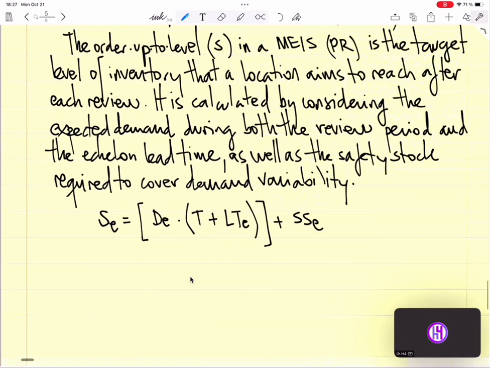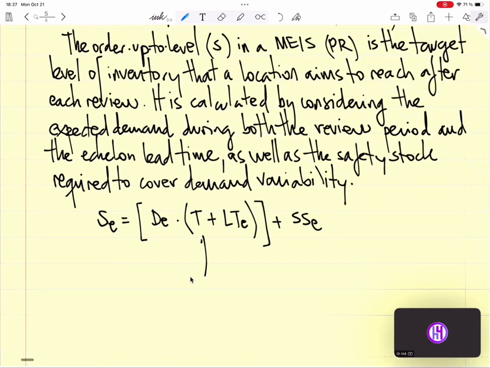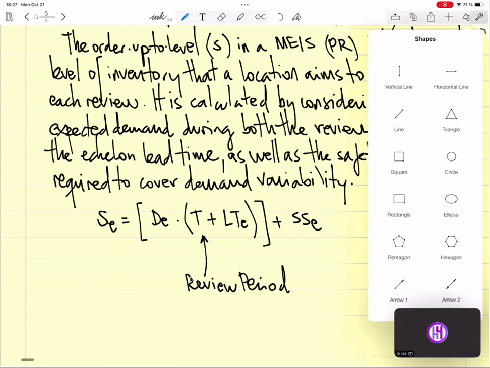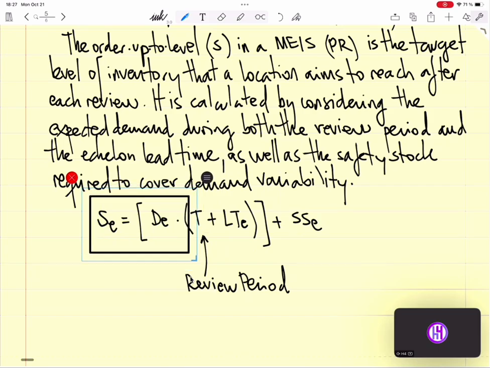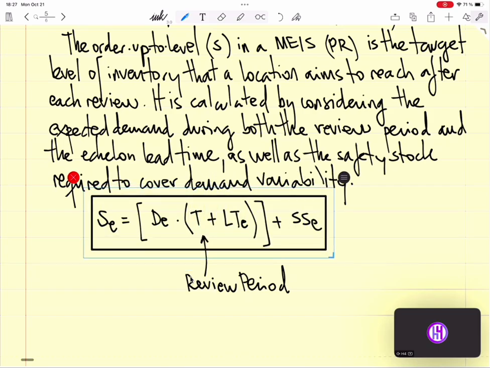So everything is the same, but this is the review period. Because we only review every week, we need to account for the maximum time. And in that time, we don't do anything, so we need to include it in the formula. Okay?